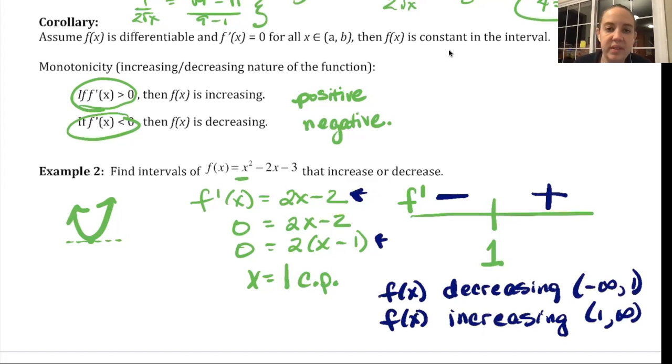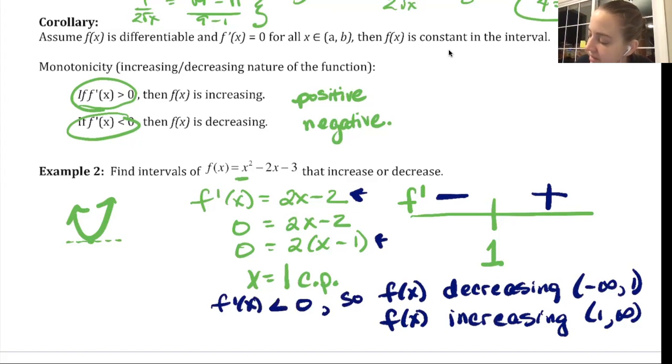Now, a couple things to note about this. We all use the table to organize our work, but it's never, ever, ever considered a justification in an AP free response question. You would have to say that f prime of x is less than 0. Therefore, f of x is decreasing. In fact, let's do that. F prime of x is less than 0.